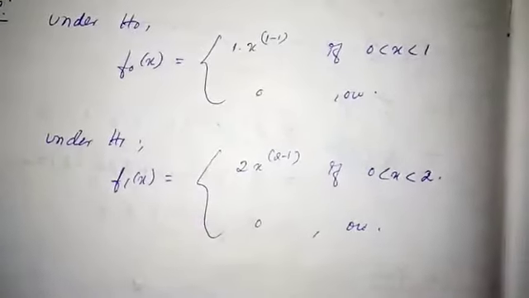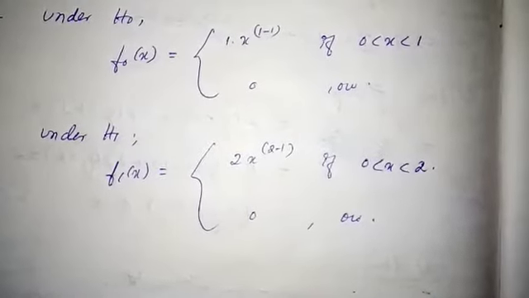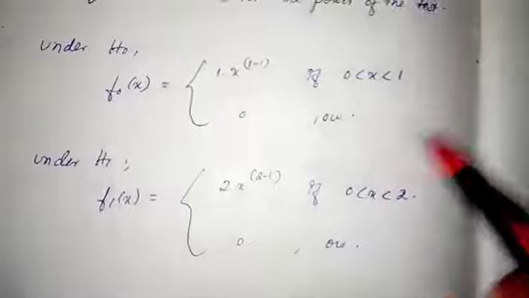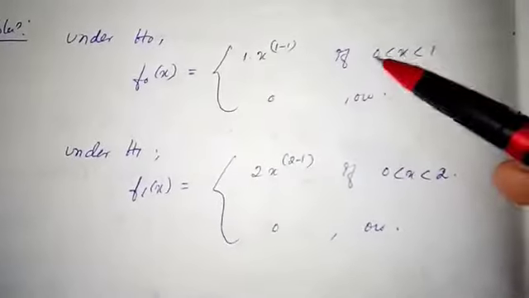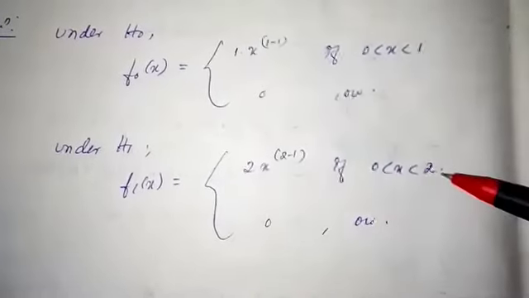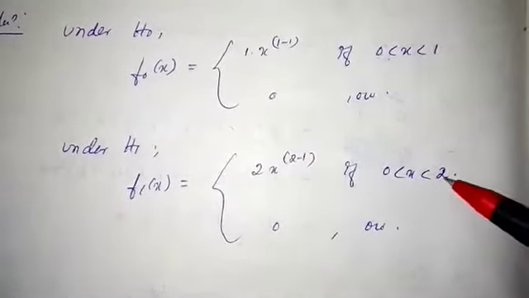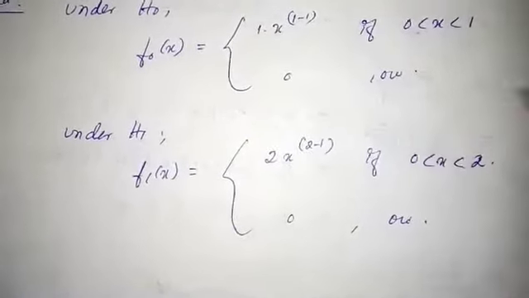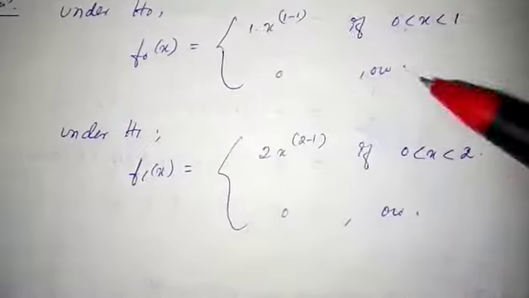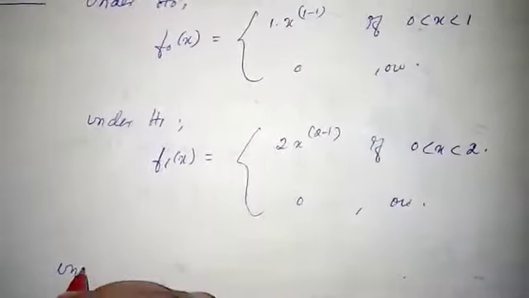From the Neyman-Pearson lemma, we reject H0 for the likelihood ratio, that is f1(x) divided by f0(x). But here the ranges are different, 0 to 1 and 0 to 2. So we have to split the range and rewrite the density.